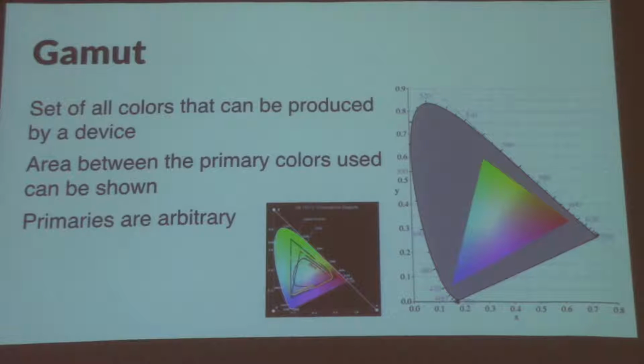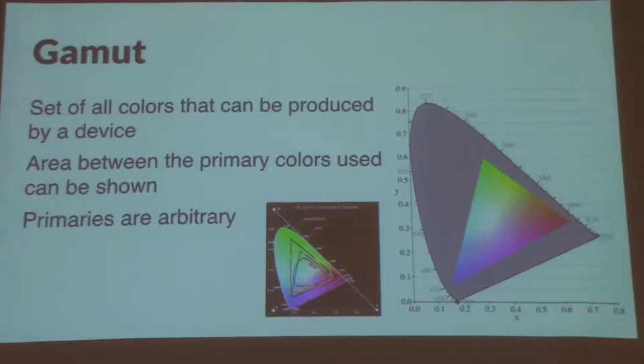There are certain colors that you can't display faithfully on a computer screen. You probably have noticed these super highly reflective colors that are used for warning signs and so on. They don't quite look the same if you take a picture of them. This is an example of where color is lost. If you have a 3-color monitor, as almost all monitors are, you always have this triangle of the color space that you can actually use. You can see a couple of different color spaces down here, and this is a bit hard to read.